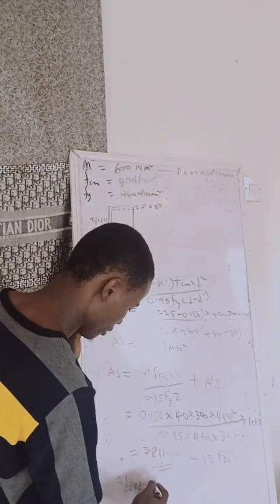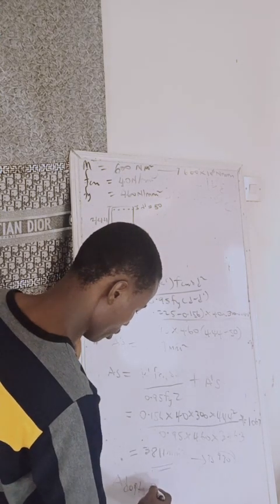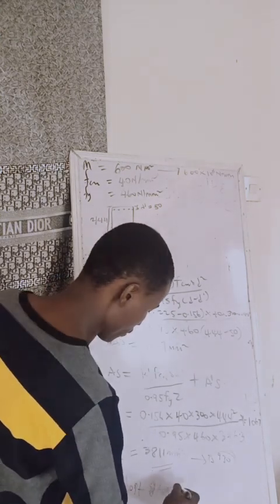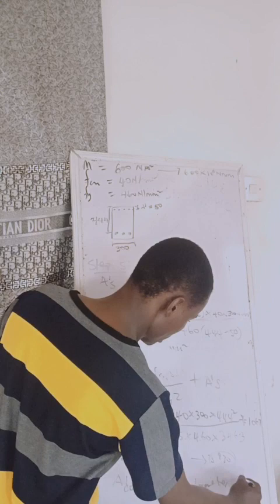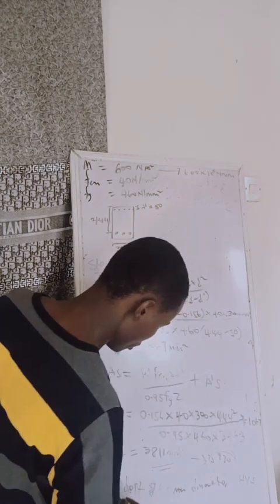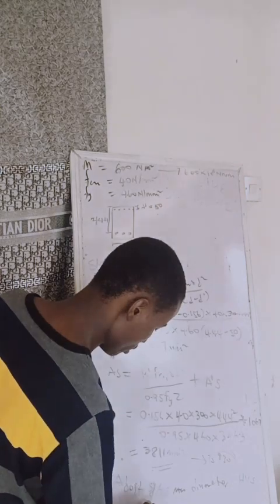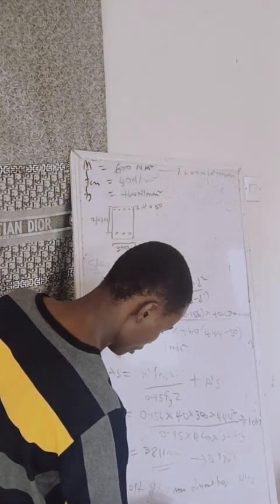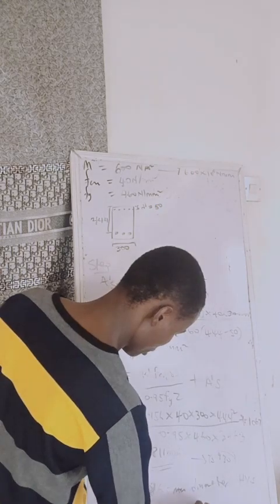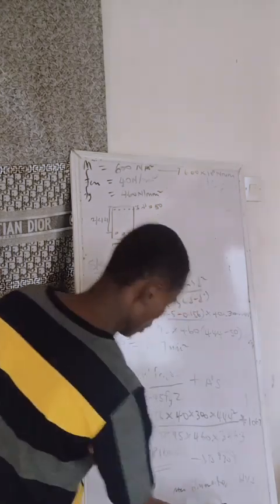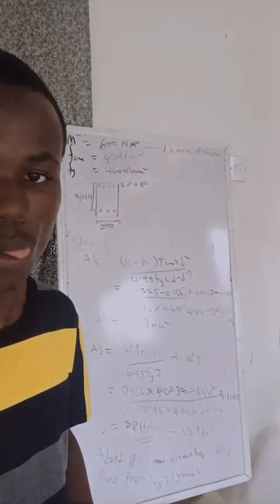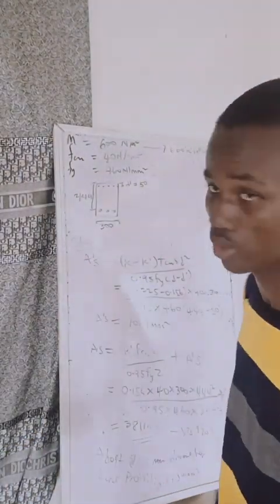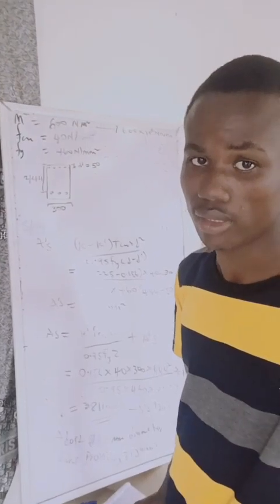So I would say adopt 8 by 25 mm diameter high yield strength bars, HYS bars, providing 3930 mm square. So that is how to adopt. Adopting is a very simple thing to do. So I believe you've been able to get how to do this. Is that clear? If you have any further questions at the end of this video, please let me know.